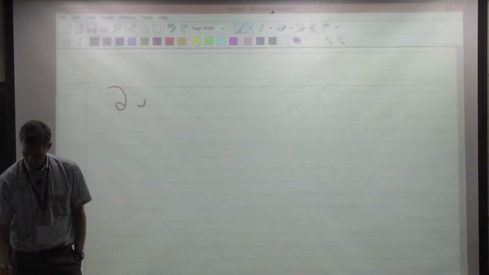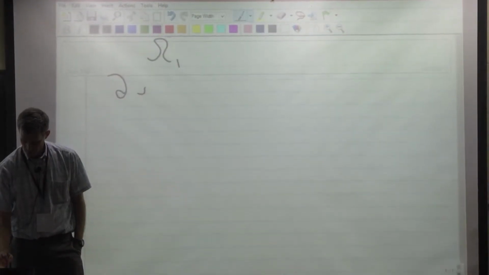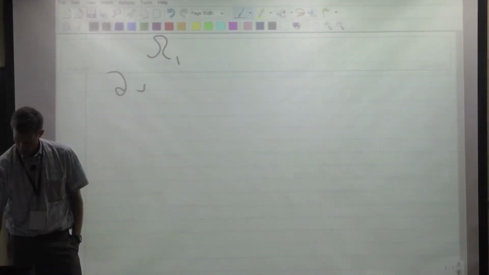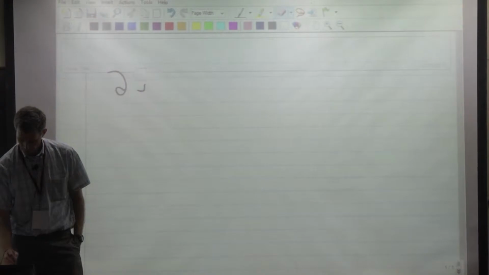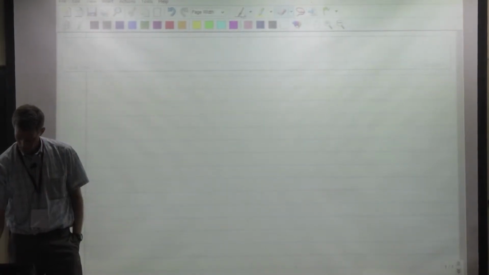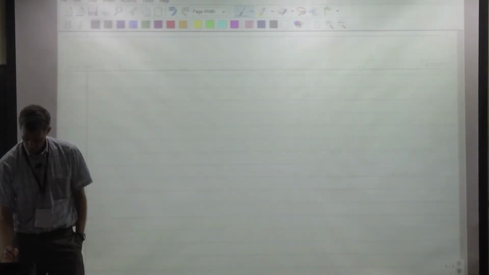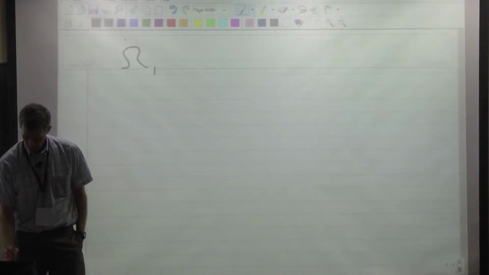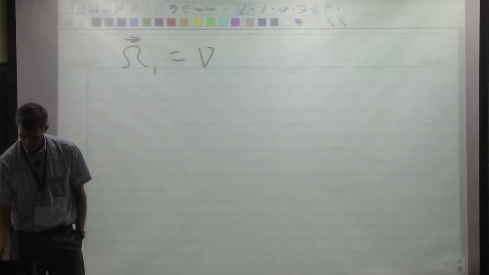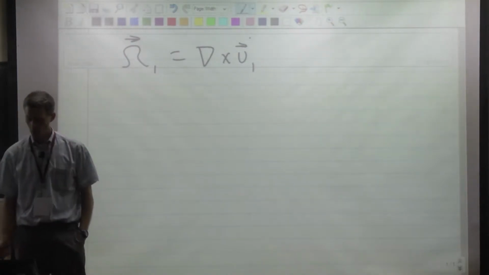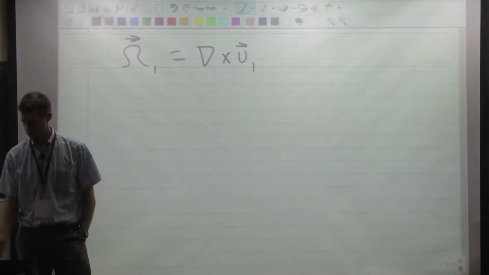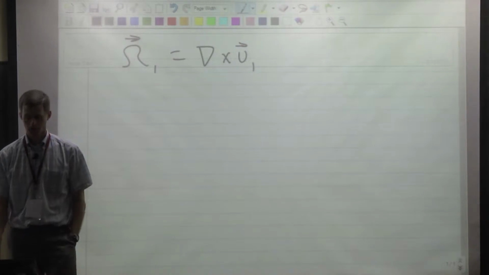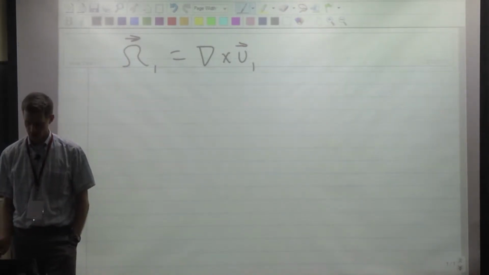So omega 1, capital omega 1, is just the curl of U1. Remember, the subscript 1 is the fluctuation.